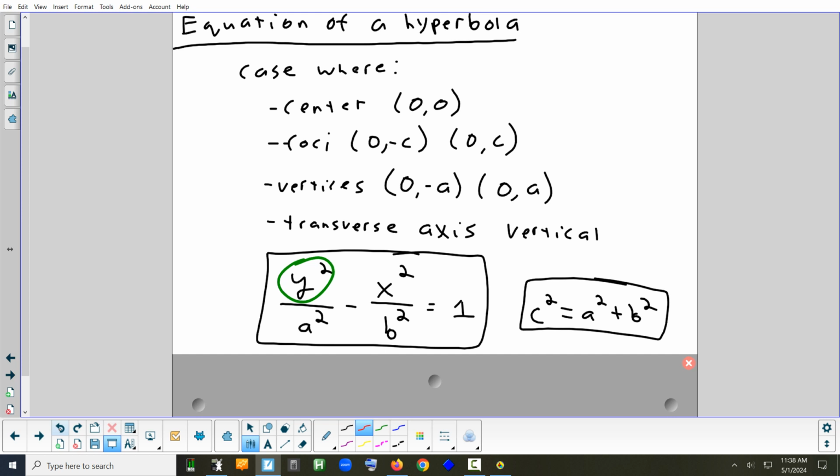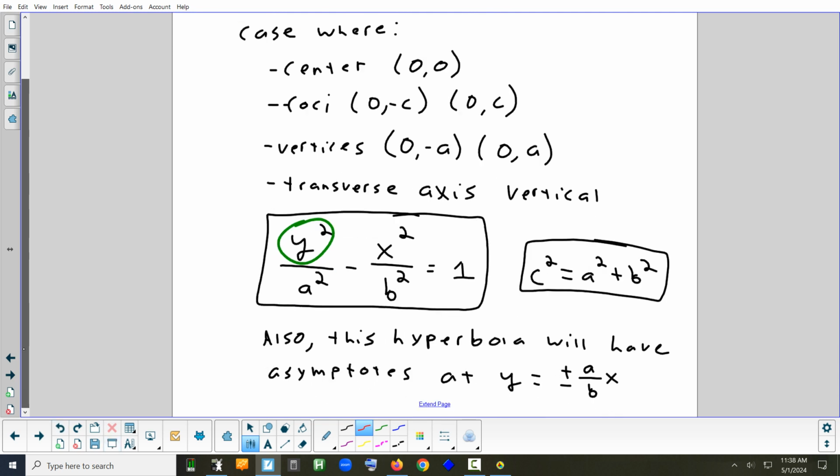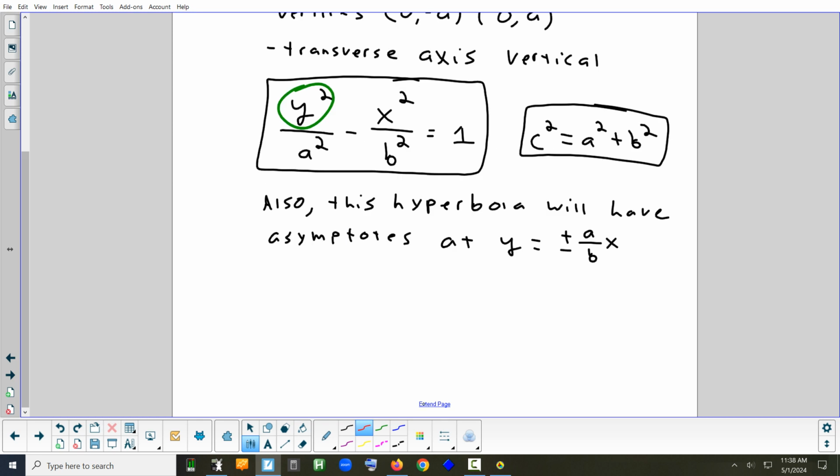As long as you remember how to do point slope, that's the only thing that is a little more time consuming when it's shifted. But point slope pretty much solves how to do it for us. I think I told you that, but I didn't write it yet. When you have a hyperbola where the transverse axis is vertical, the slope is a over b.